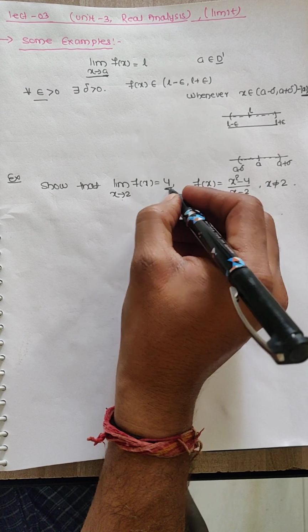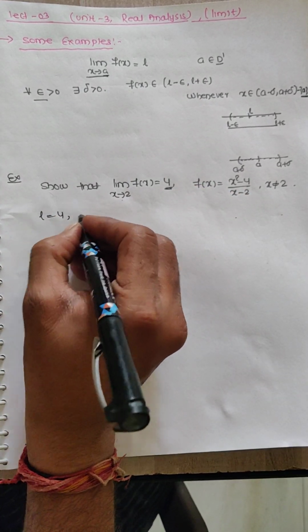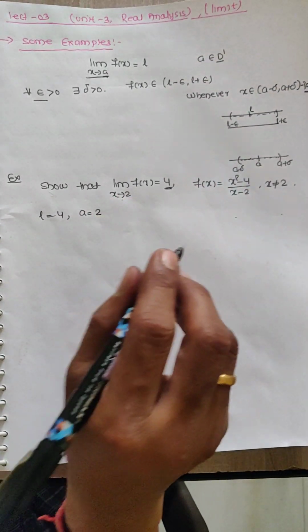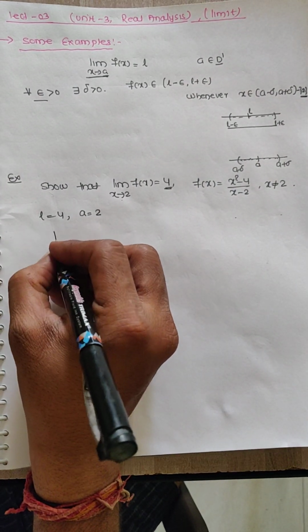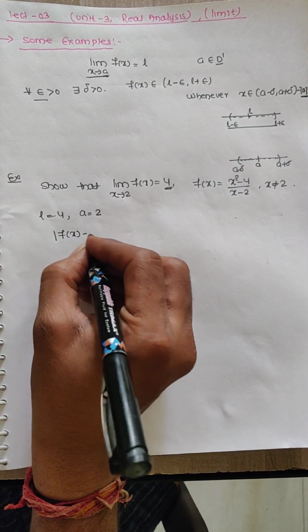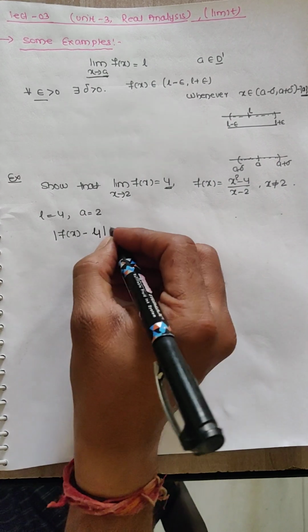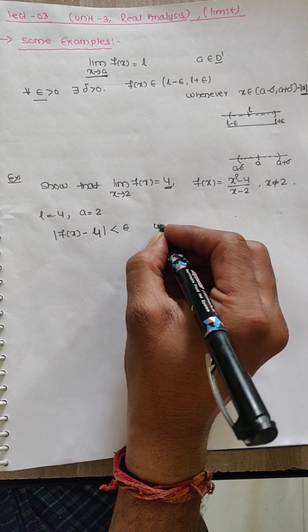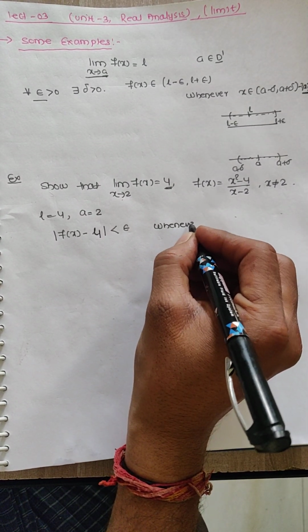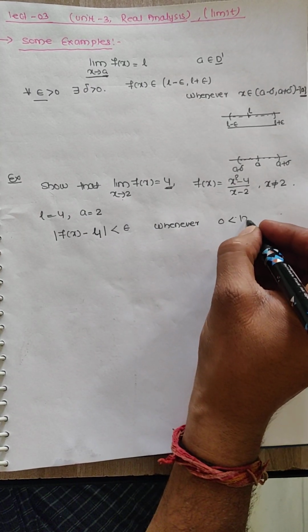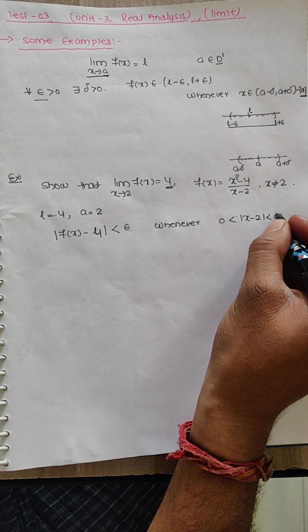What is f(x)? What is L here? L is nothing but 4 here. a is nothing but 2. We need to show that the distance between f(x) and L, which is 4 here, is less than epsilon whenever 0 is less than mod of x minus 2 is less than delta.